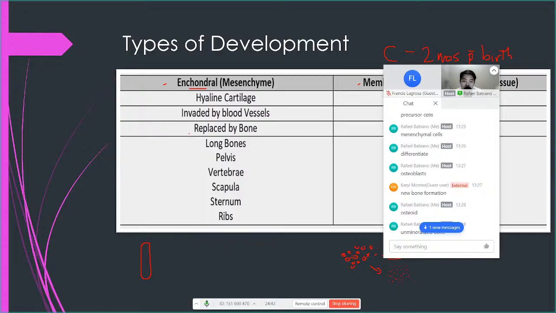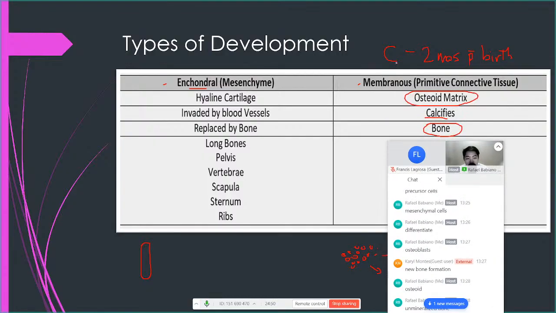Now this starts, by the way, after 3 months of conception. So intramembranous starts right away after conception, endochondral 3 months after conception. Sources vary, 2 to 3 months, after conception, meaning while still inside, a fetus. So at 3 months of development, endochondral ossification starts, up to 21 years old.